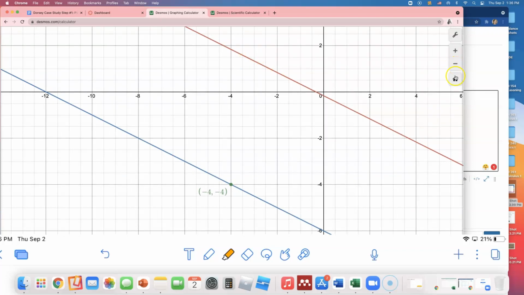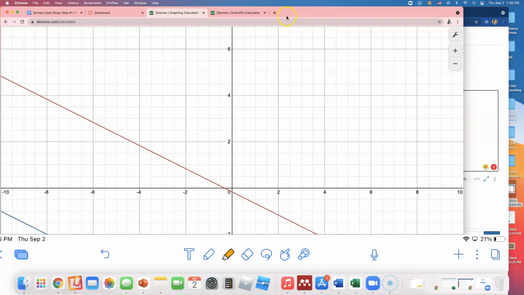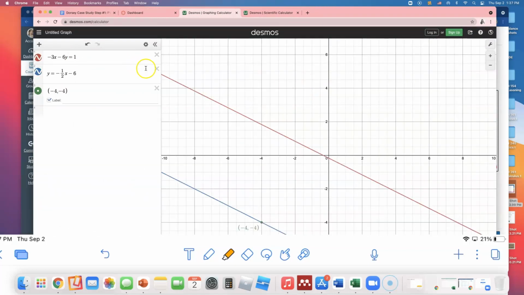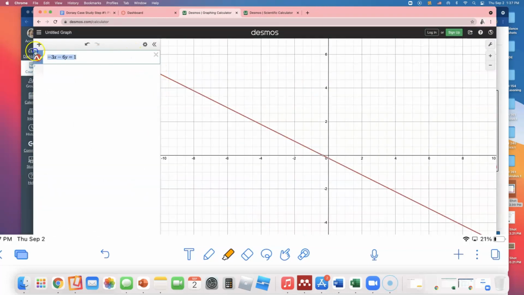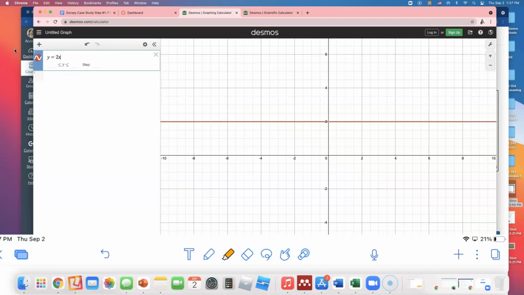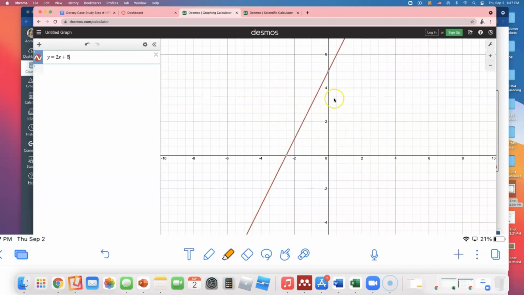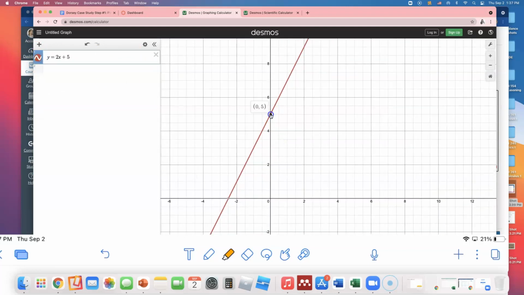Okay, I'll make something up. If I have y equals 2x plus 5, the graph looks like this. I start at 0, 5, I go up 2 over 1, up 2 over 1. I'm going to graph another line that is y equals 2x, this time let's do only plus 1.